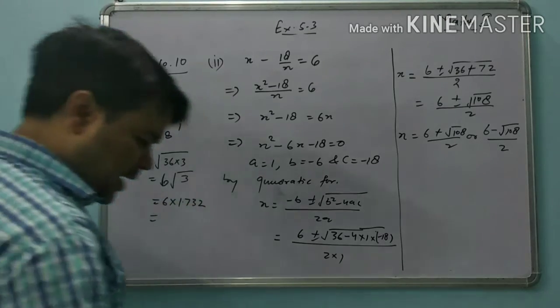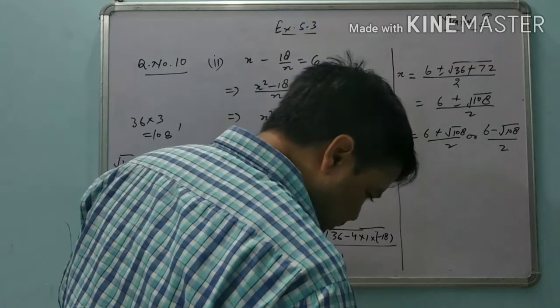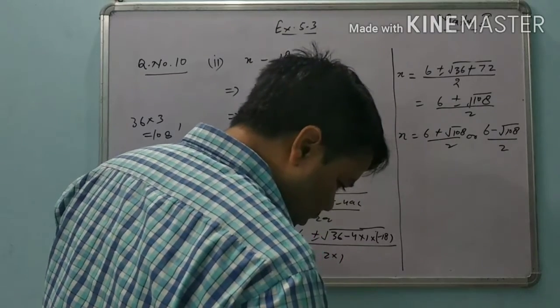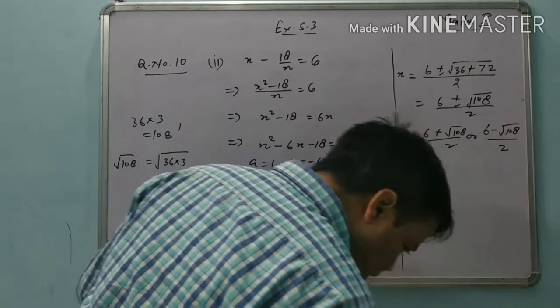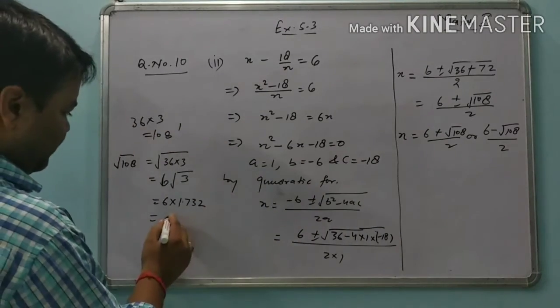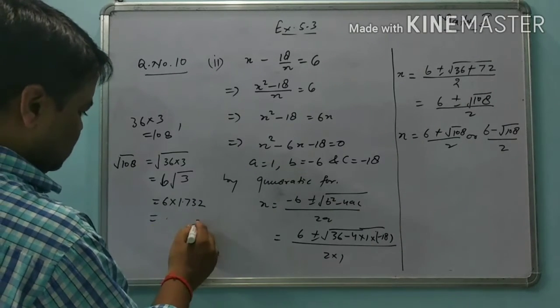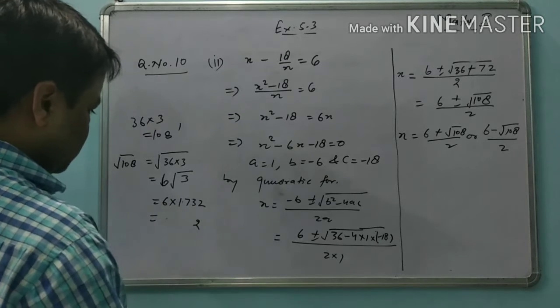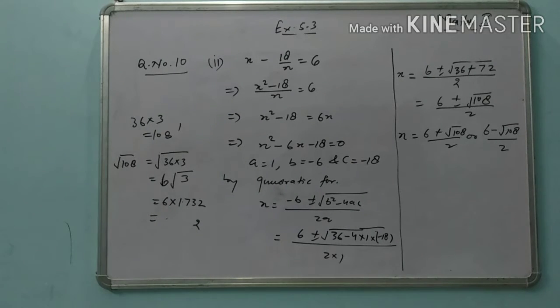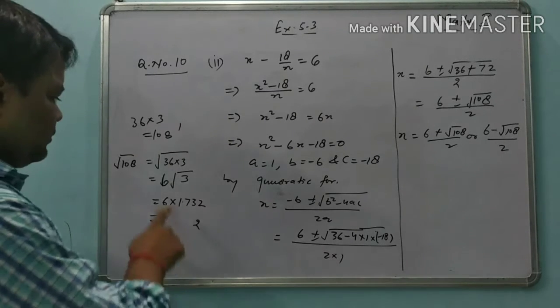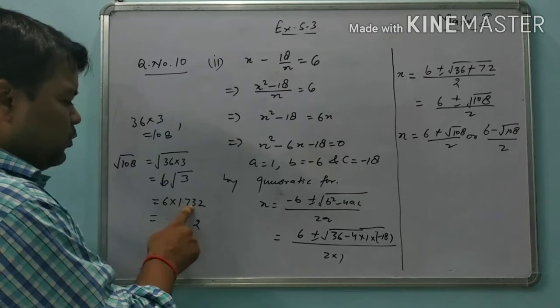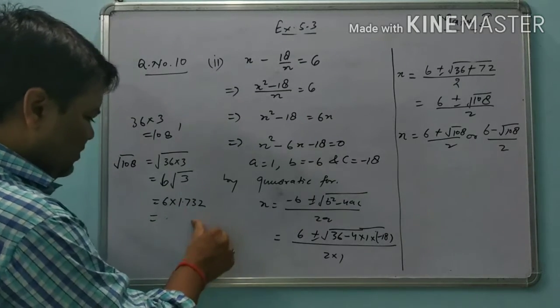Then if we multiply it, its value will be 5.196. 6 times 2 are 12, 6 times 3 are 18. Here this value 6 into 1.732, no need to multiply.